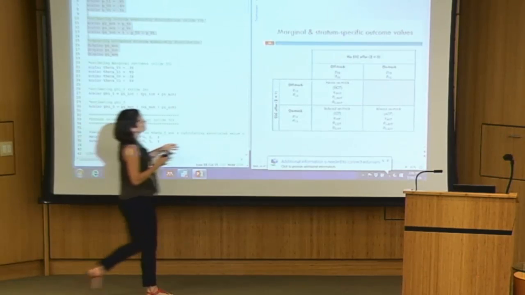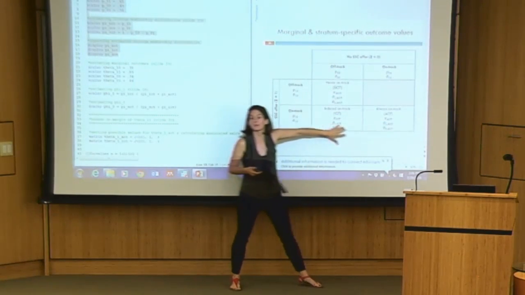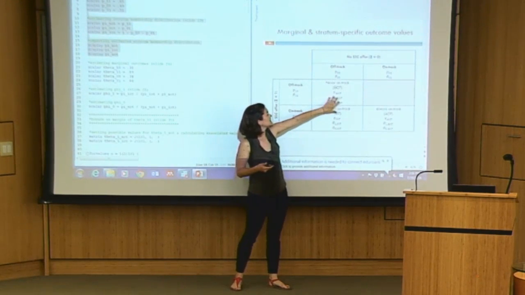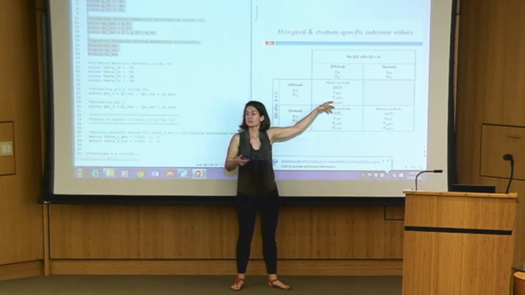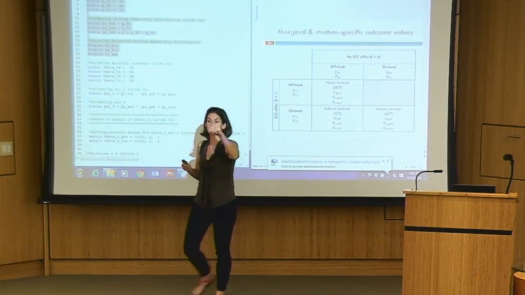So in each strata, we have 2 values that we want to estimate. And the difference between those 2 means or proportions is going to be the ITT effect specific to that cell.